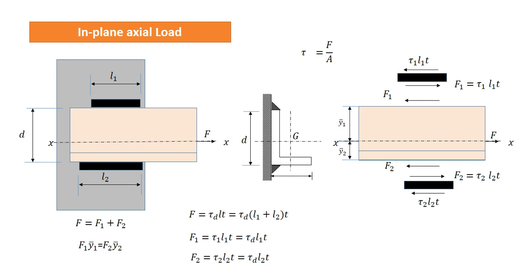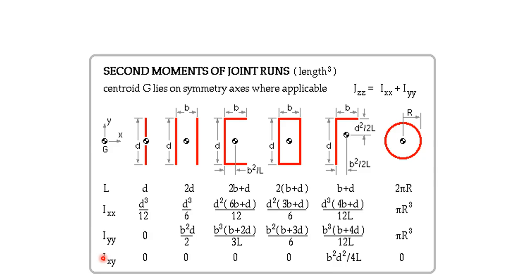So we use this expression, such that when we apply load, the same amount of stress is induced in both welds. Using these two equations and this equation, we can find how much L1 and L2 are required.